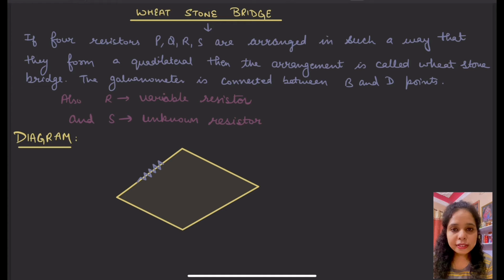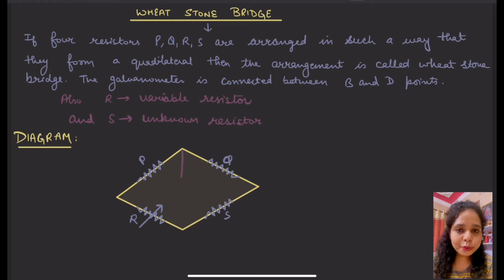So let us place resistor P in the first arm of the quadrilateral, then resistor Q in the second arm, then resistor R in the third arm, such that it has a variable value. So we will put an arrowhead on this resistor indicating that we can change the value of the R resistor, and the S resistor is placed in the 4th arm of the quadrilateral and it has an unknown value.